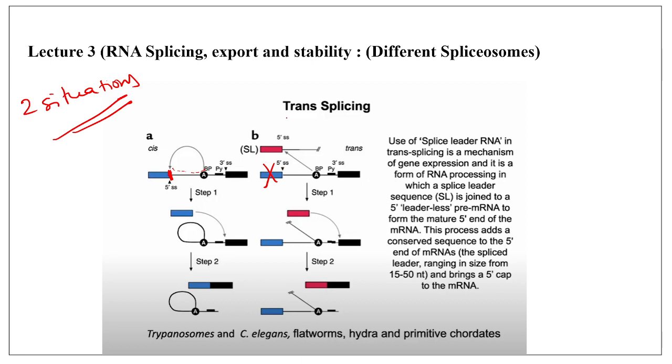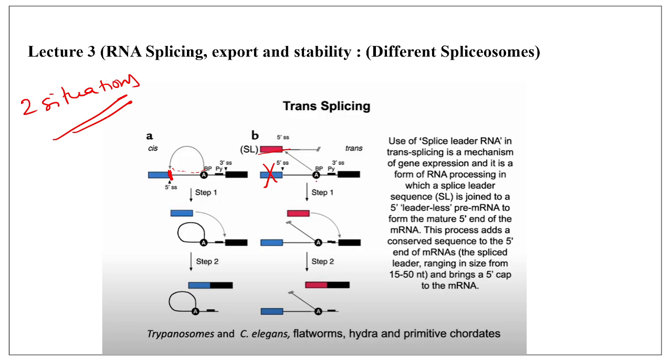Then what happens? Some other sequence from outside, which is known as a splice leader sequence, comes. In the normal situation, this branch point attacks over here, but now this branch point is attacking over here.